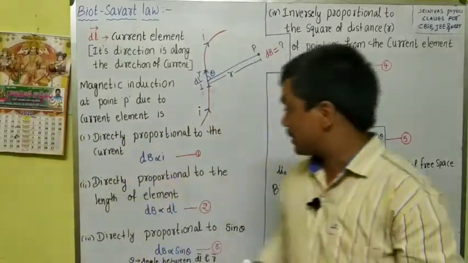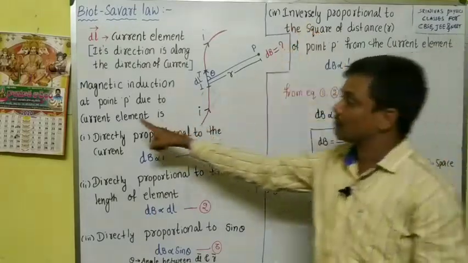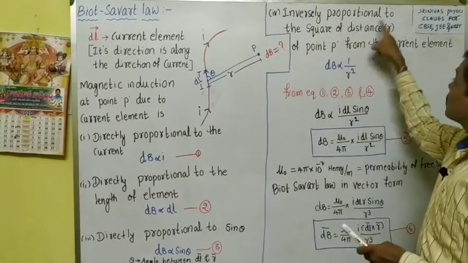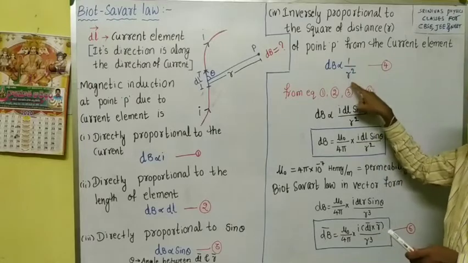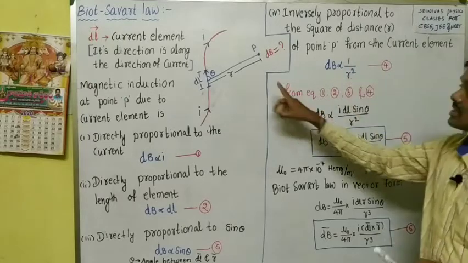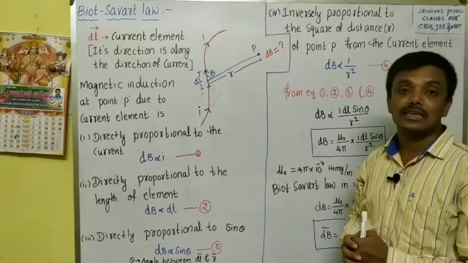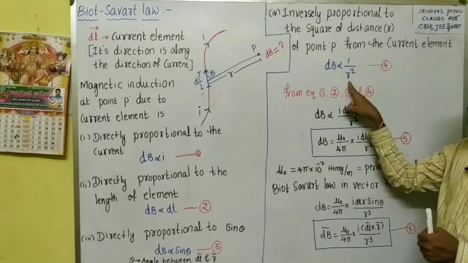And the fourth point is that the magnetic induction is inversely proportional to the square of the distance. That means dB is inversely proportional to the square of the distance. If the distance increases, if you go far away from the wire, the field will decrease, right? Then dB is inversely proportional to r square.